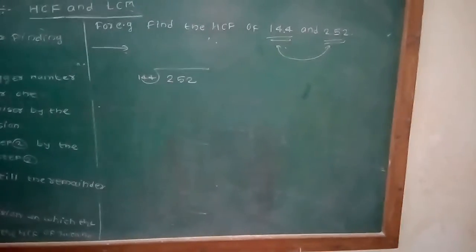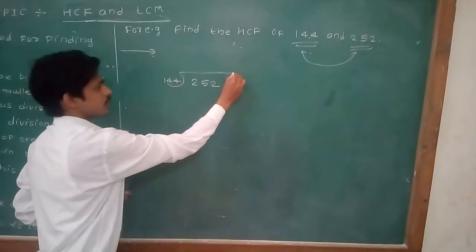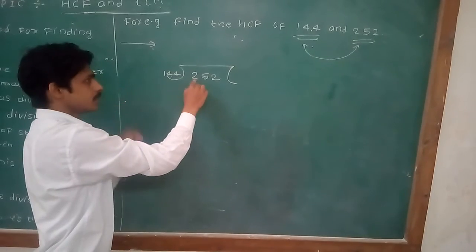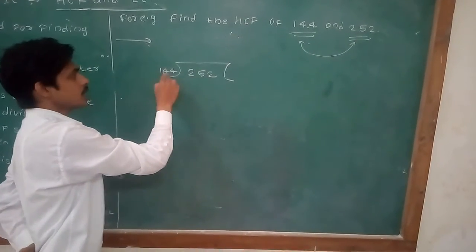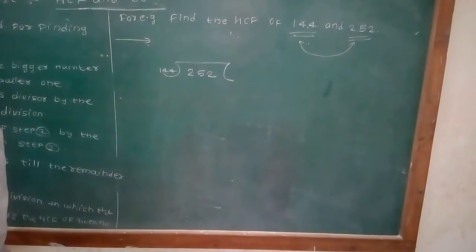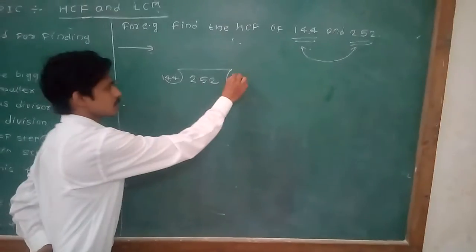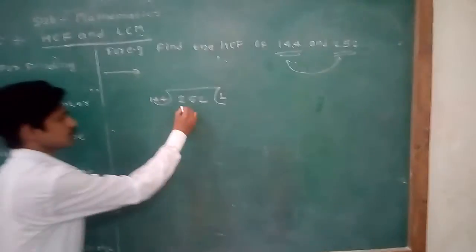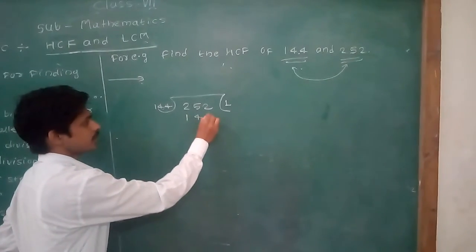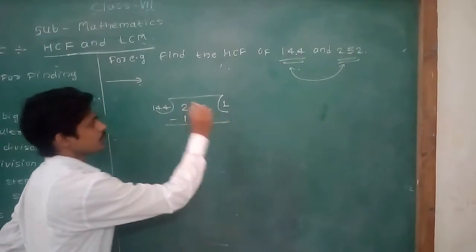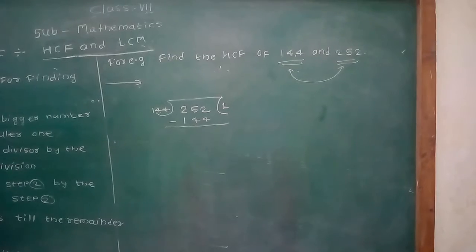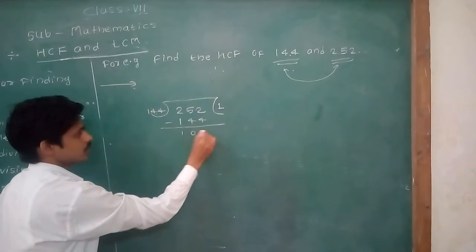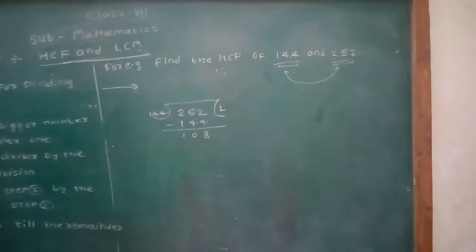Divide 252 by 144. We get 1. By subtracting 144, we get 108.